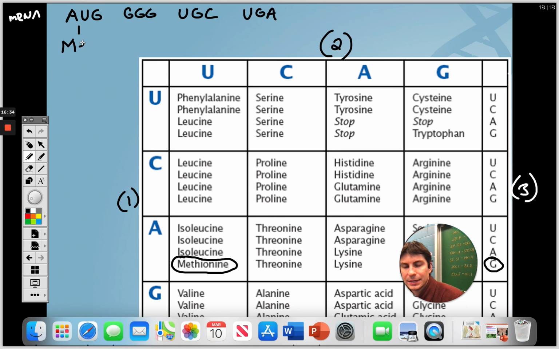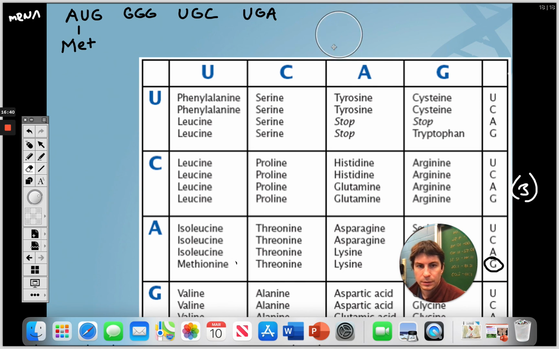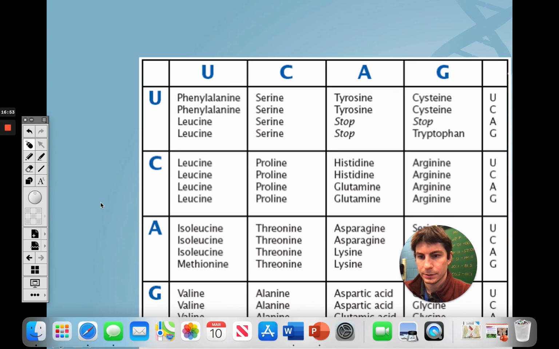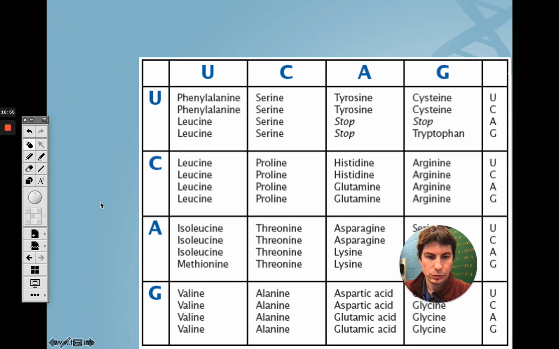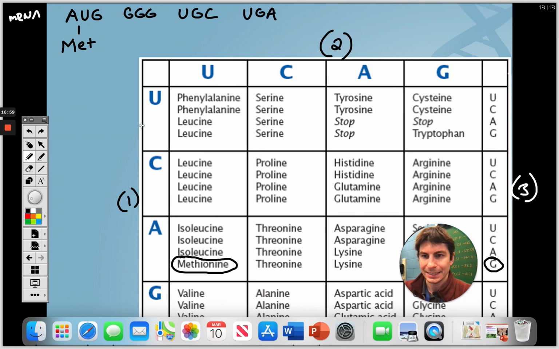MET, and I'm just abbreviating it. Okay? Second one. Again, same thing. GGG. First letter, G. Second letter, G. Last letter, we're cut off there. Let's see what it is. All right, it's the same as all of them. So that last one is glycine, GLY.